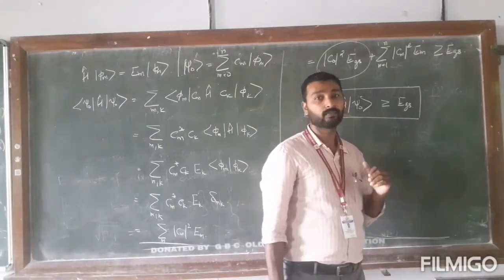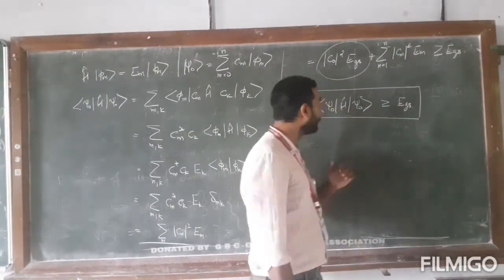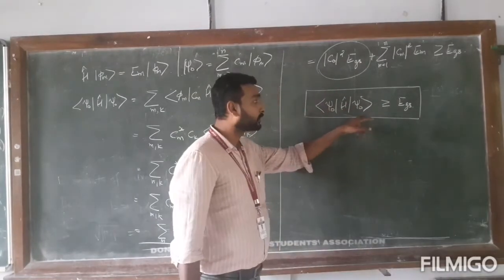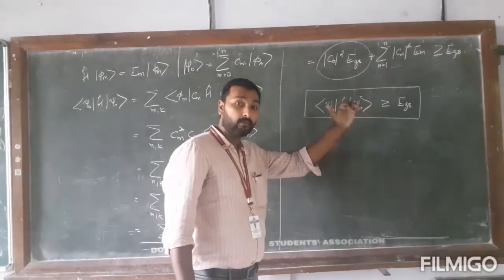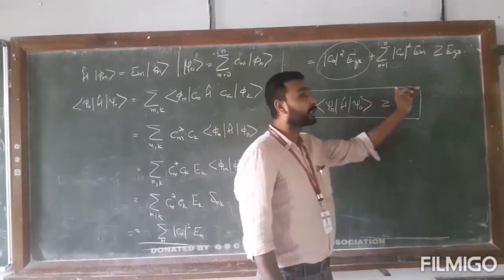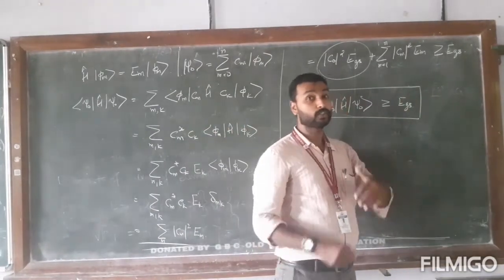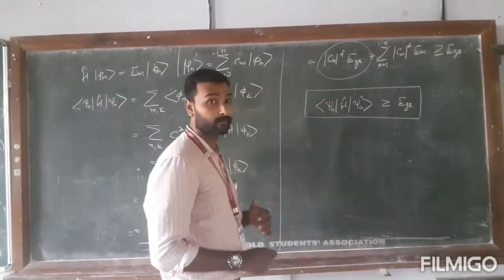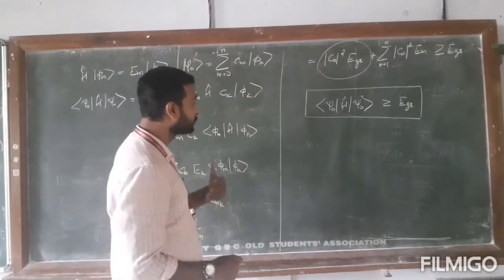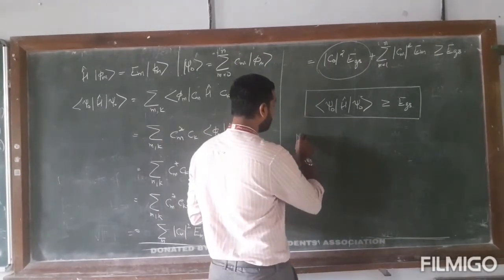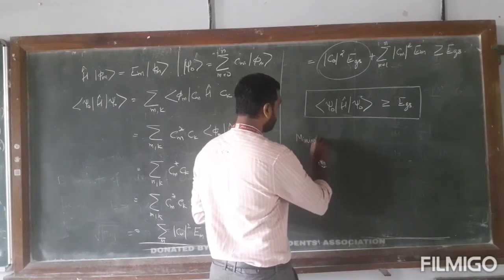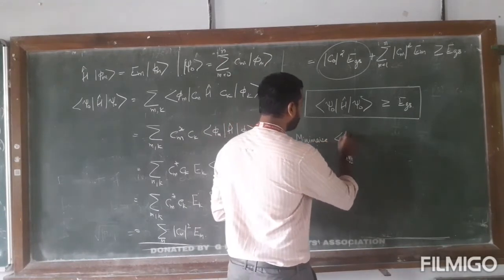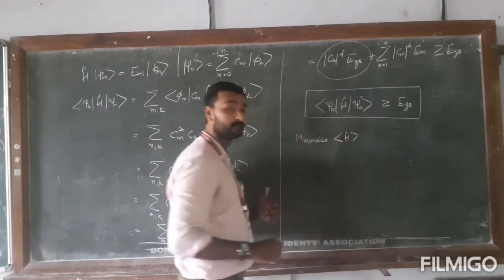So that is the idea of the variation principle. Now we have to minimize ⟨psi 0|H|psi 0⟩ to get a value very close to the ground state energy, and sometimes it will be exactly equal to the ground state energy. So what is our next procedure? We have to minimize the expectation value of H.